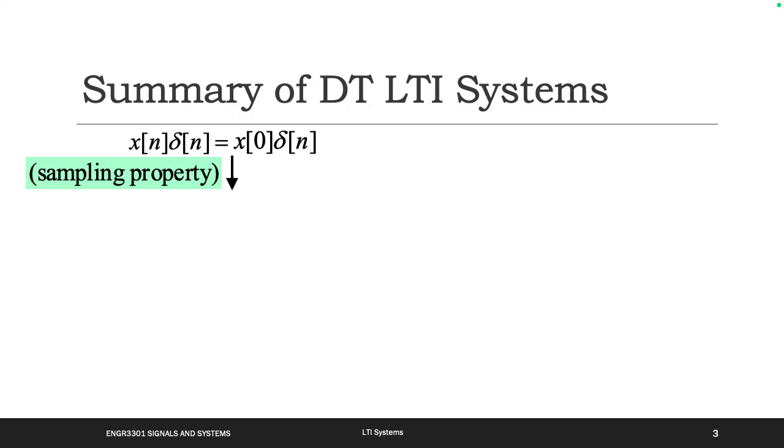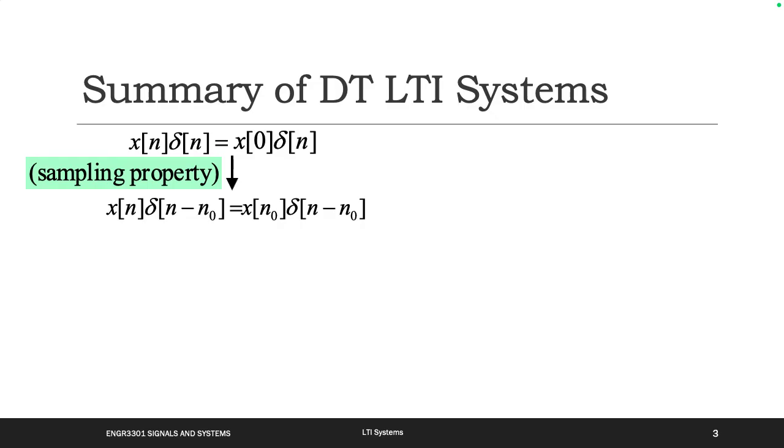From the sampling property, we also have this one. What's the result for this one? x[n0] delta[n minus n0]. This is the sampling property.